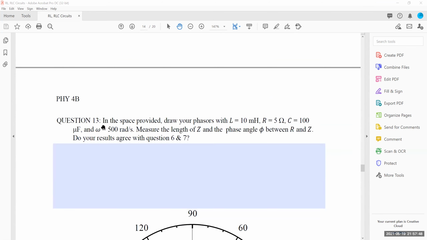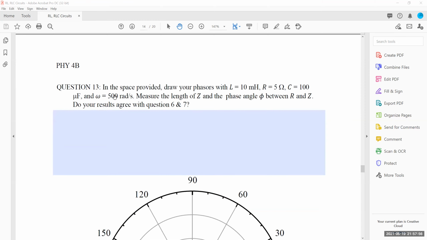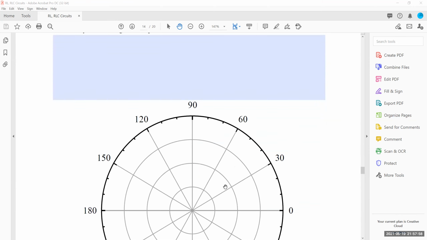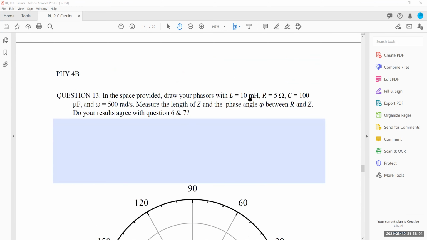So based on the numbers that you have in here, in the space provided, you draw your phasor. Now you have an actual omega, which is 10 millihenry, and you have a frequency of 500. So this length in here needs to be 500 times L, and L is 10 times 10 to the negative 3. So now you do the math.